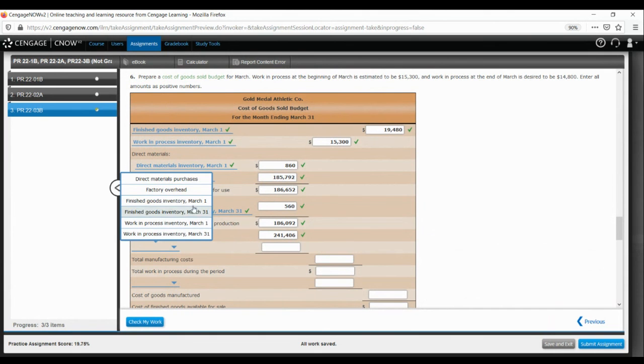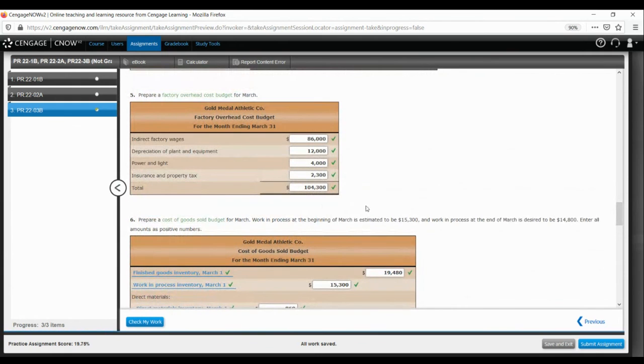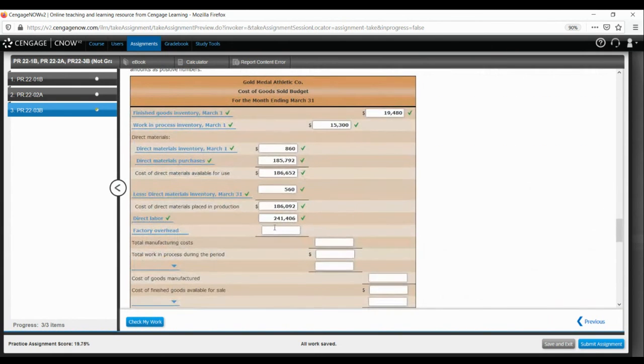Now we need to find factory overhead, and that comes from the factory overhead budget, $104,300. Once you have the three manufacturing costs, you're going to add them together.